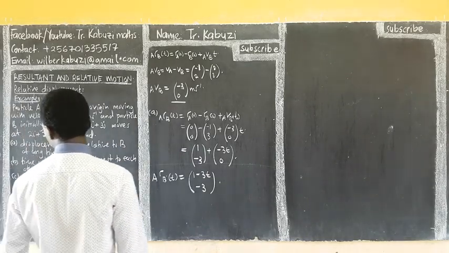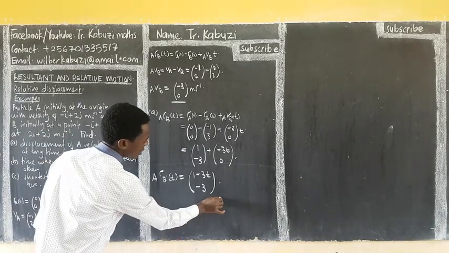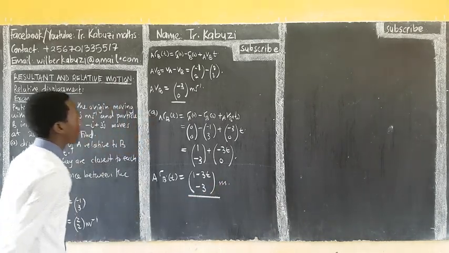Okay, so then part B, the time of the closest. This is in hours, and the distance is given in meters.